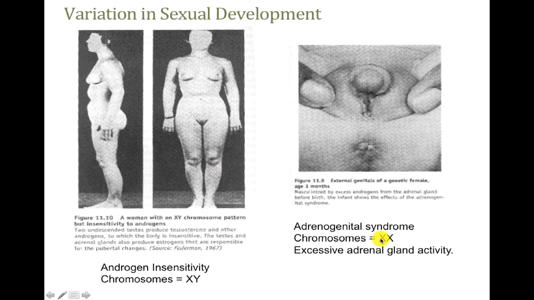Now here on the right, we have adrenogenital syndrome, XX chromosomes, and yet we can see some development that is similar to what you would see in a genetic male. It's not exactly the same, but we are seeing something that looks a lot like the penis. This occurs as a result of excessive adrenal gland activity.